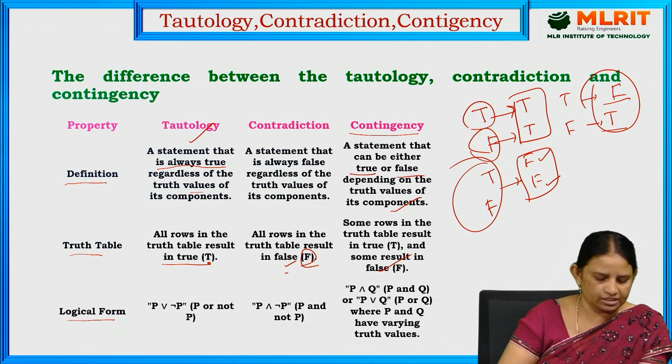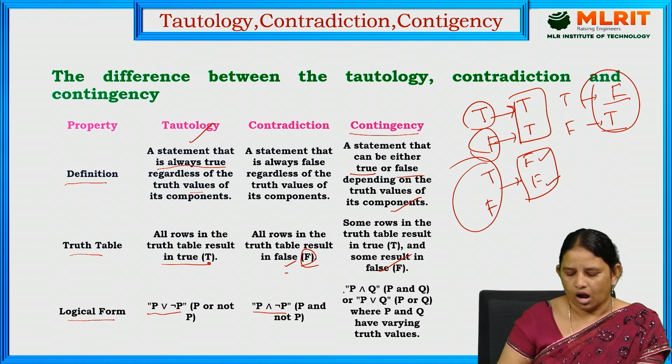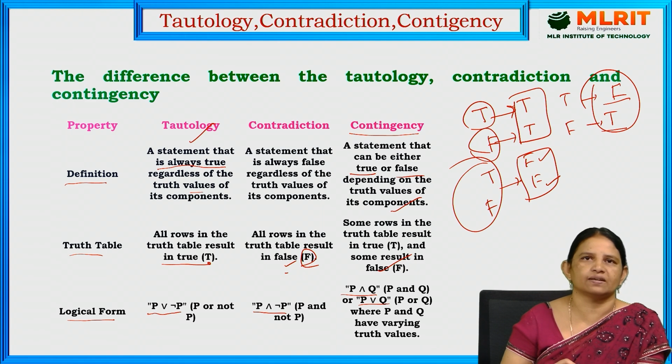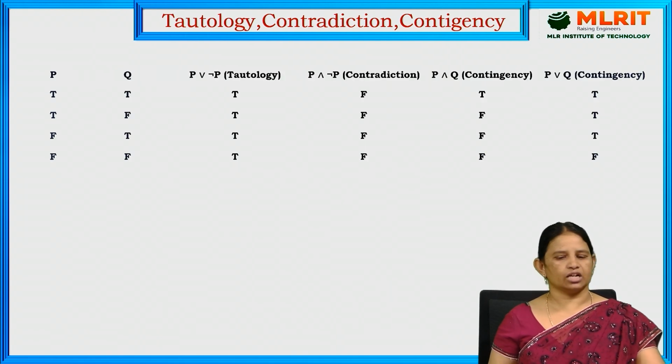Third one is the logical form. Just now we already discussed P or negation P, then it is a tautology. P and negation P is a contradiction. Or P or Q, then P and Q both consist of different values like true or false, then it is a contingency. For clear understanding, look at the table.